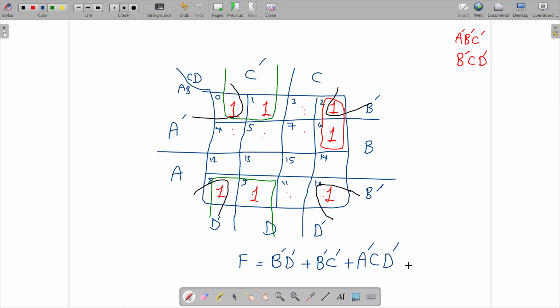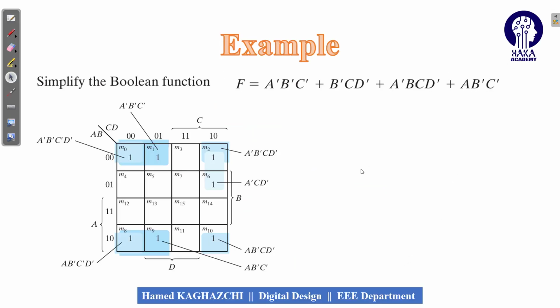So we have to write them in this form that you can see. So from here also you can find that we can find F as B prime, D prime, or B prime, C prime, or A prime, C, D prime, according to this concept that I have explained.